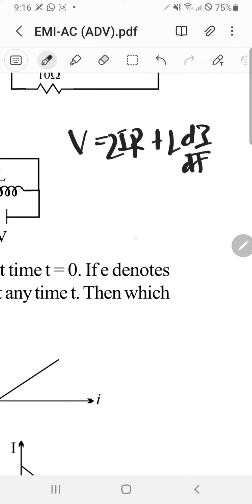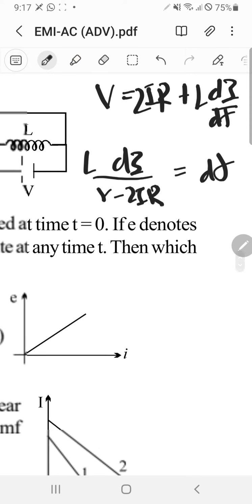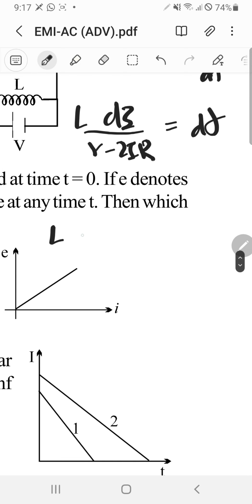From that you have L di upon (V minus 2IR) equal to dt. So L natural log, we know initially it's just going to be that, so V upon V minus 2IR.